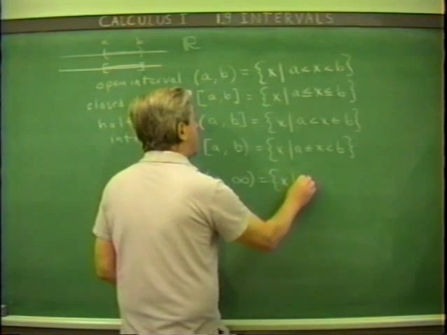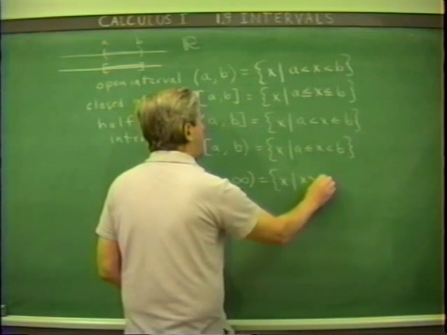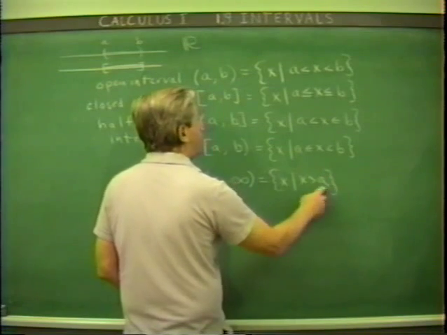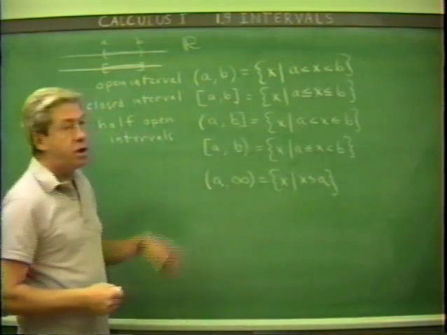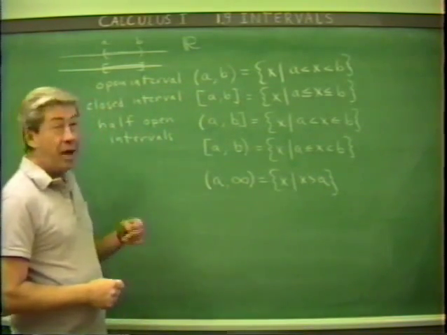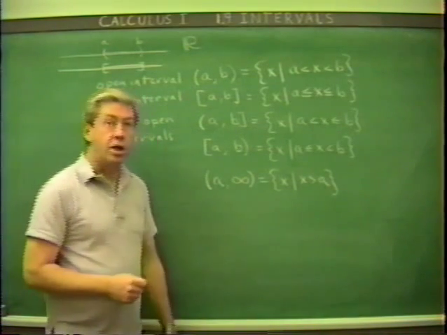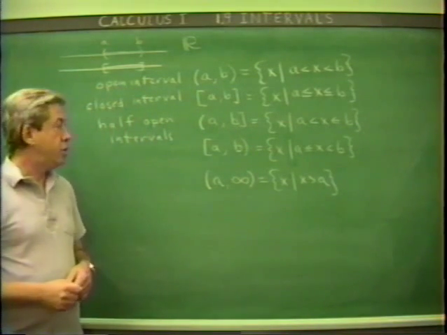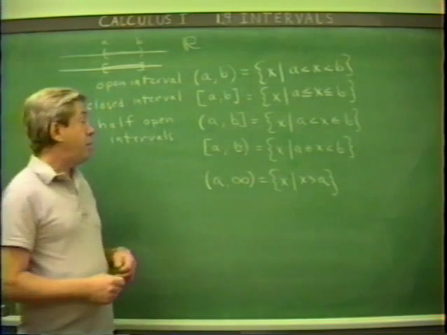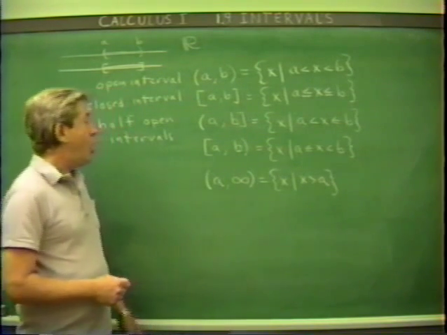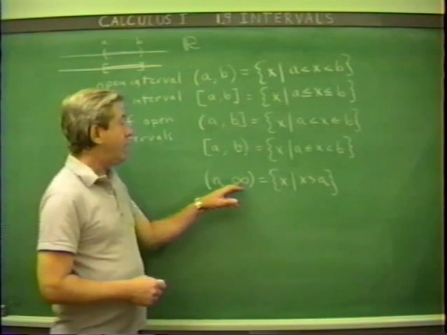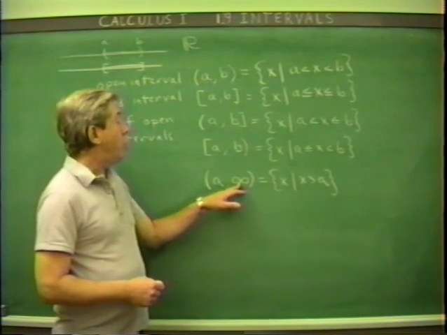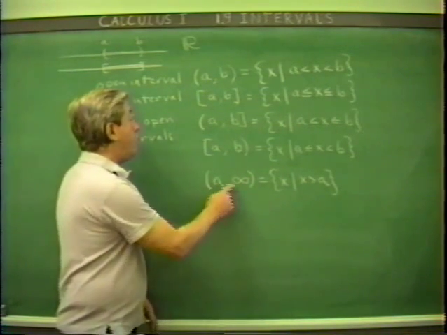There's no number infinity on the line, and if you write this out as the set of X such that X is larger than A, you see that there's nothing mysterious about it at all. There's no infinity here. This is just a convenient notation, and that's going to hold true in all the rest of mathematics. Whenever the symbol infinity is used, it does not represent anything mysterious or mystifying.